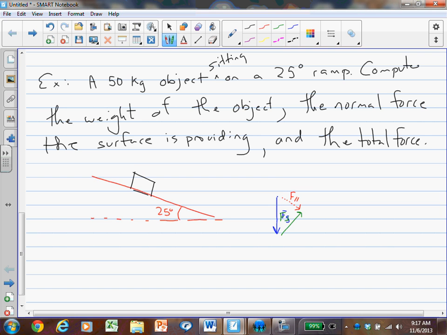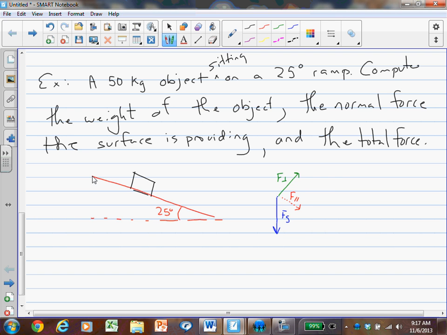I dot it because what the total force really is, is just the component of the gravitational force in the plane. So it's not really a new force, it's just a part of Fg.